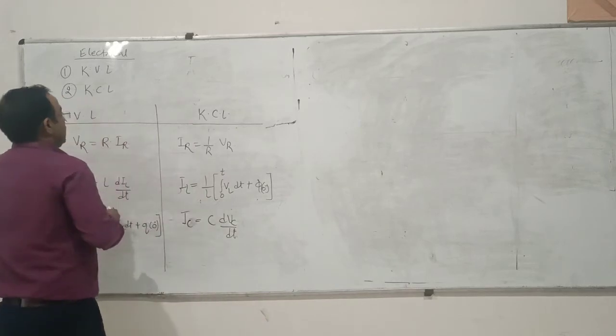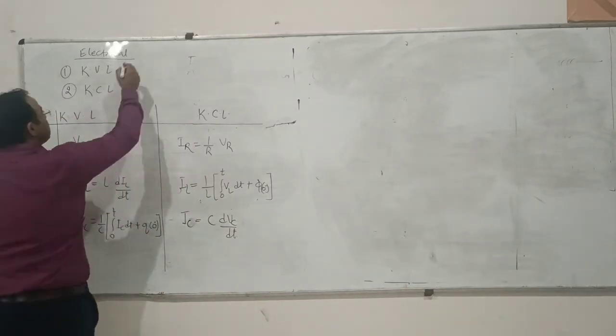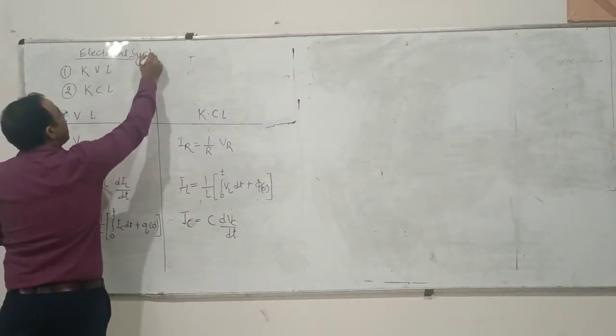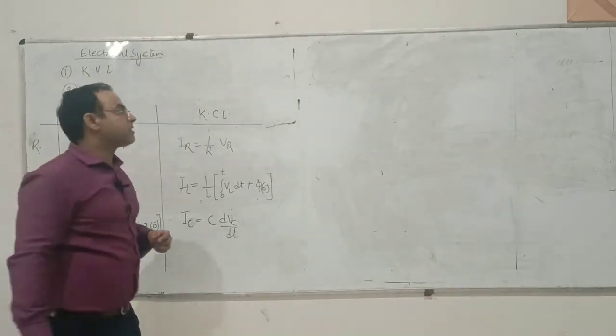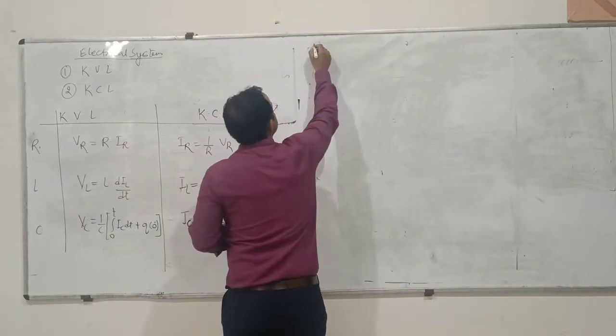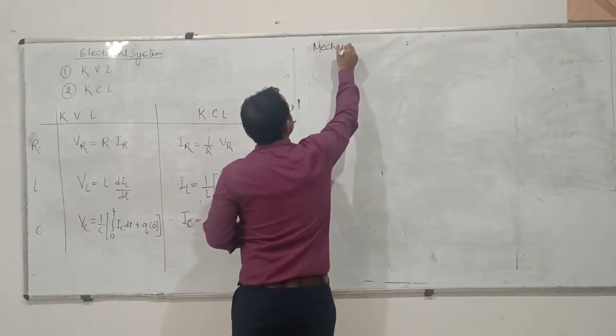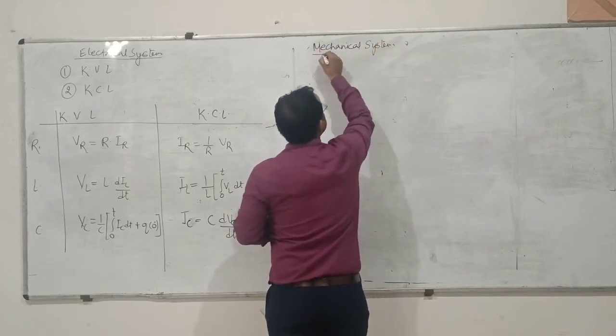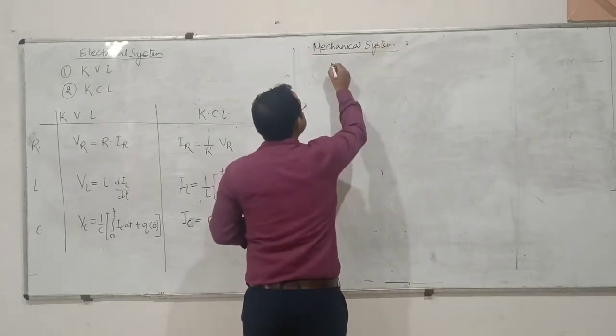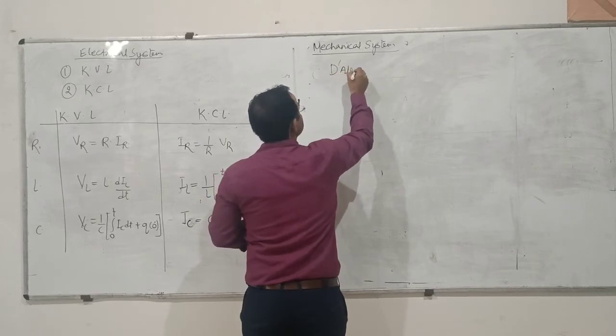Okay. So electrical system is governed by KVL and KCL. Now, in case of mechanical system is governed by D'Alembert principle.